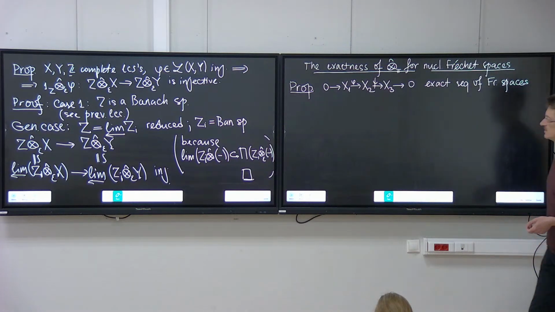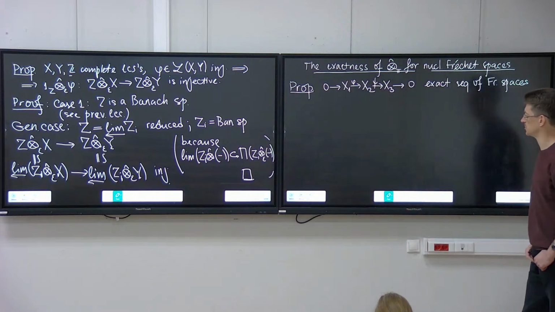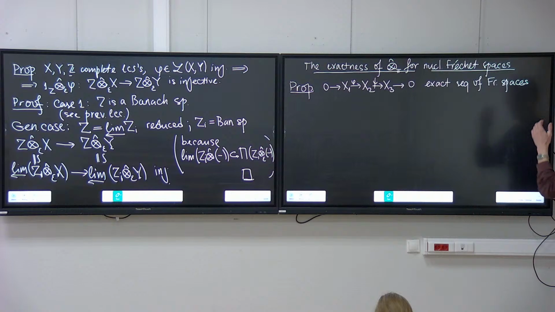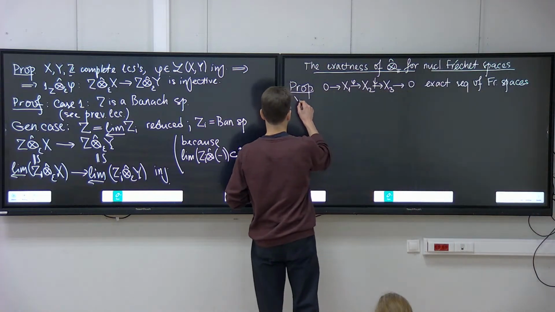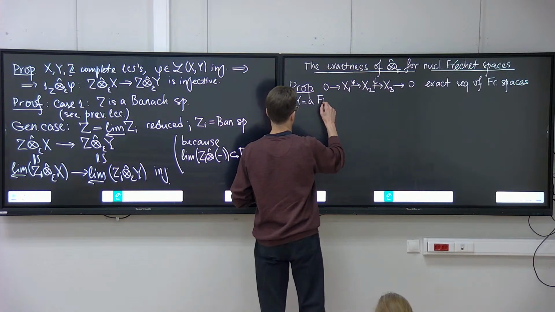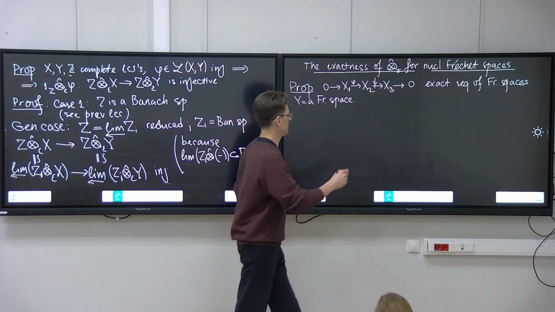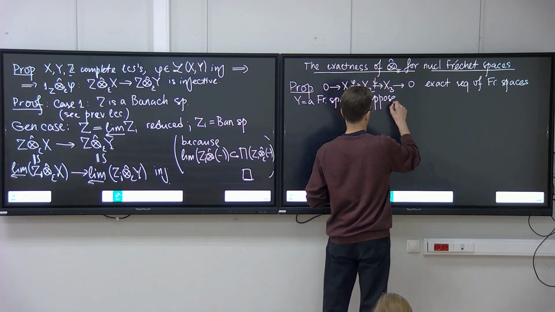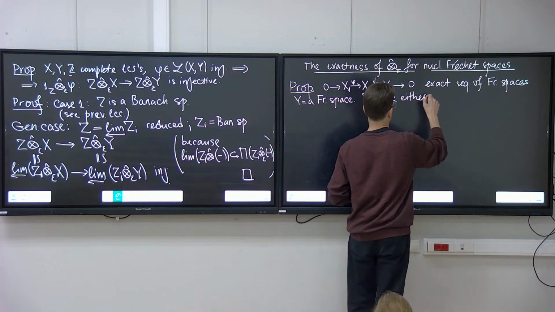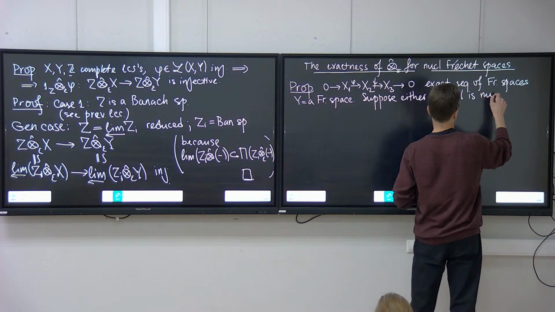That is, the range of every arrow is equal to the kernel of the next arrow. So it is an exact sequence of Fréchet spaces, and Y is also a Fréchet space. And suppose that either X2 or Y is nuclear.